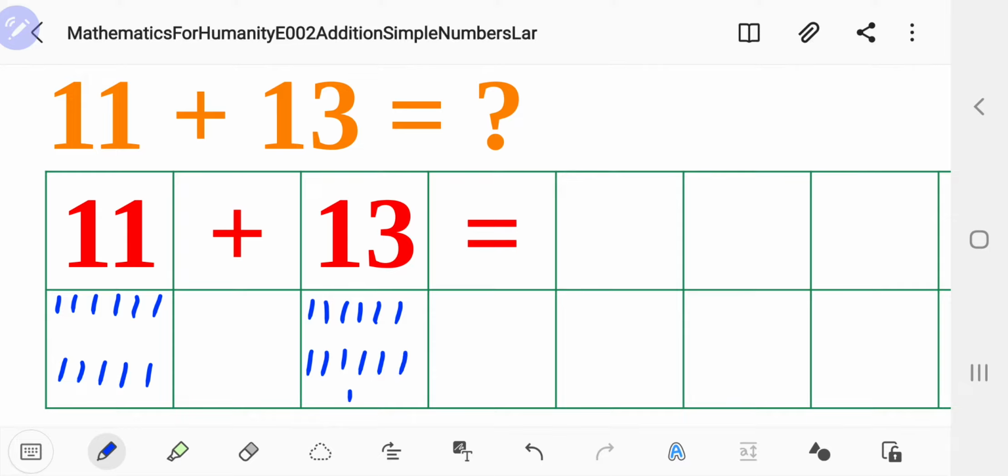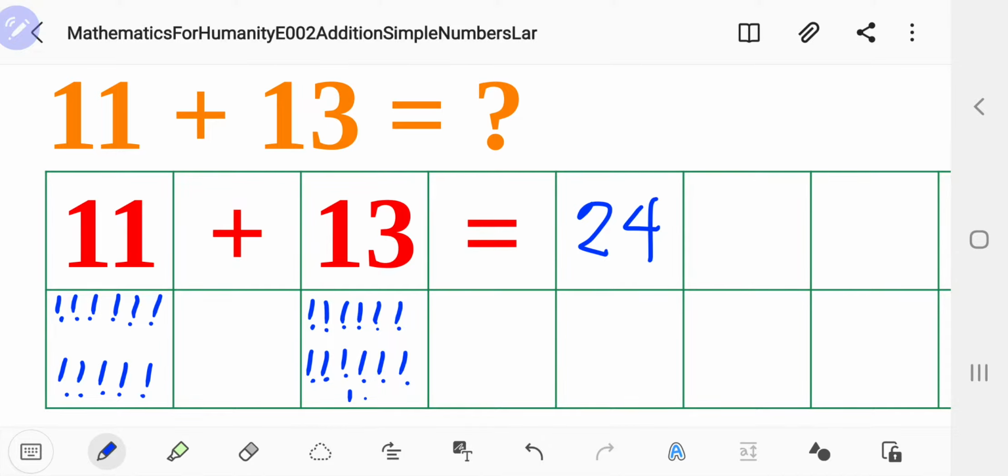So you count them all: 1, 2, 3, all the way to 24. It's 24. 11 plus 13 is 24.